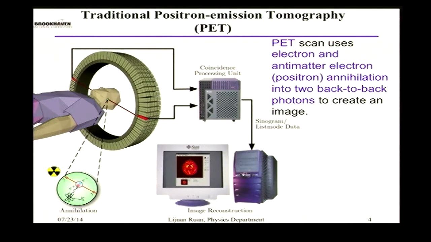These 2 back-to-back photons are then measured by these detectors. The information is then sent to electronics and to the computer. And at the end, you can obtain the image of a human brain, shown here.